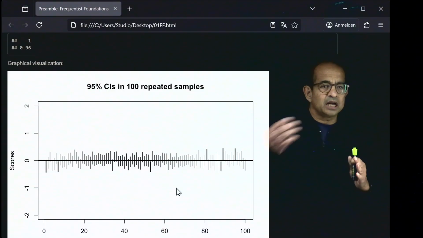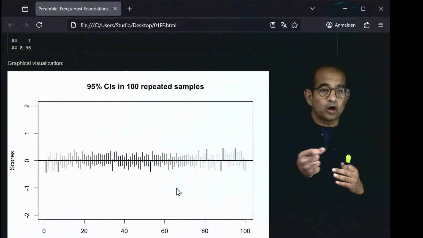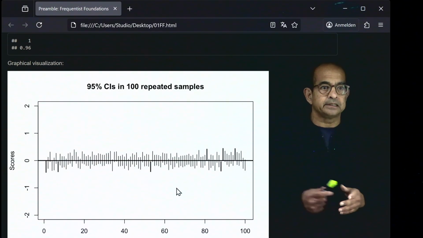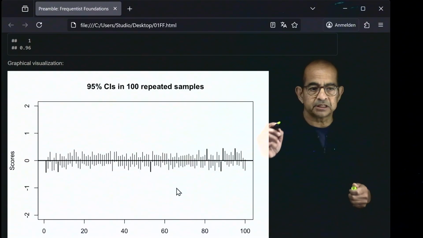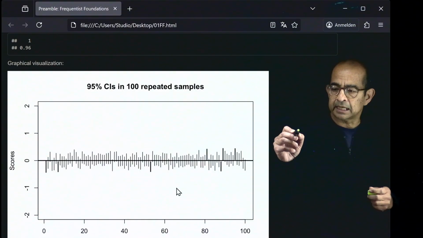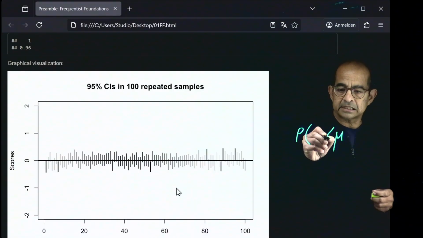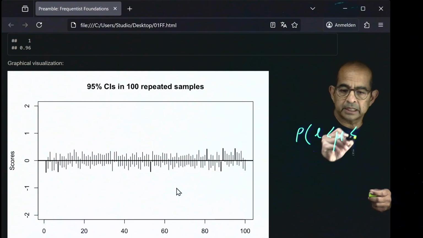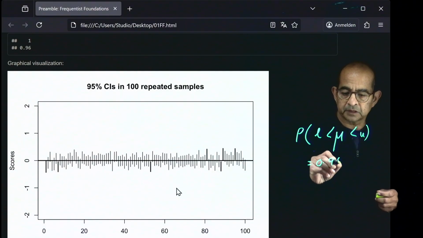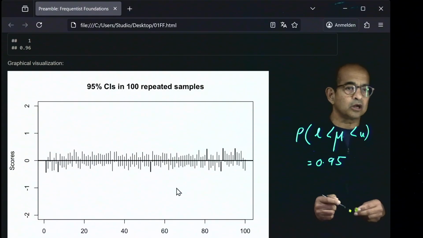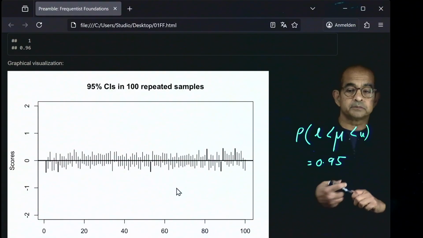So you can't make a probability statement about the true mean being contained in the confidence interval, right? So you cannot say something like, the probability that the true mean lies between some lower and upper bound is 95%. This statement is not possible to make in the frequentist paradigm.